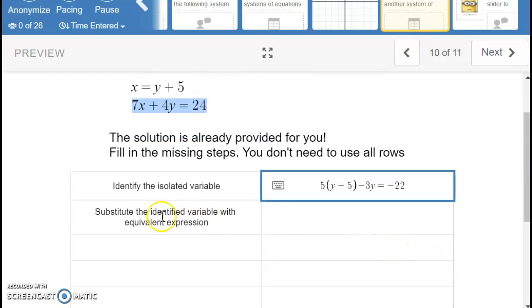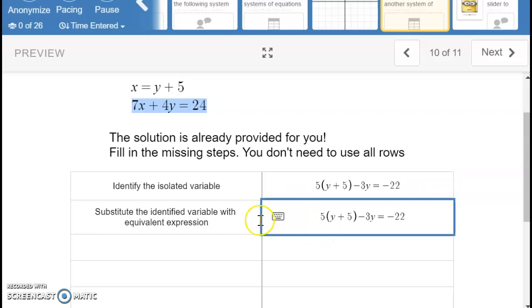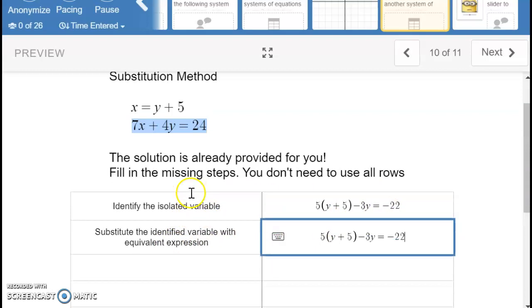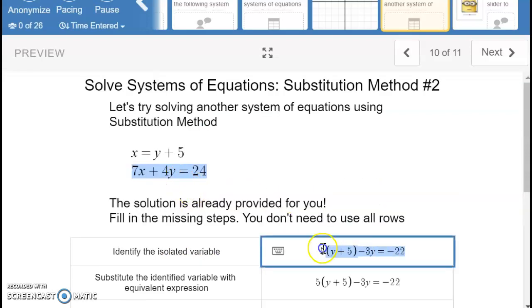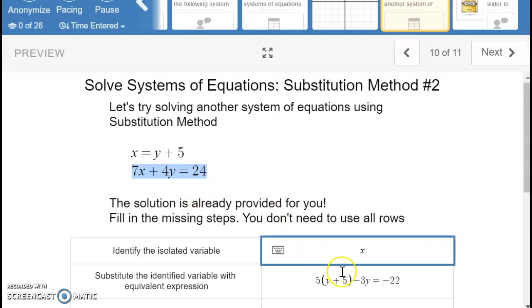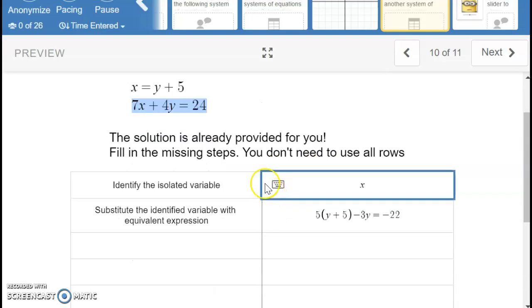Then from here I know that, oh, so this is the second part. Okay, so here identify the isolated variable. It's x, isn't it? x is equal to, x is the variable that we've isolated.